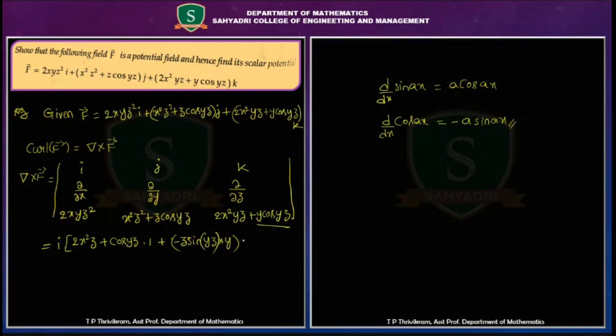Next, minus 2x square z plus cos yz plus z into minus y sin yz.